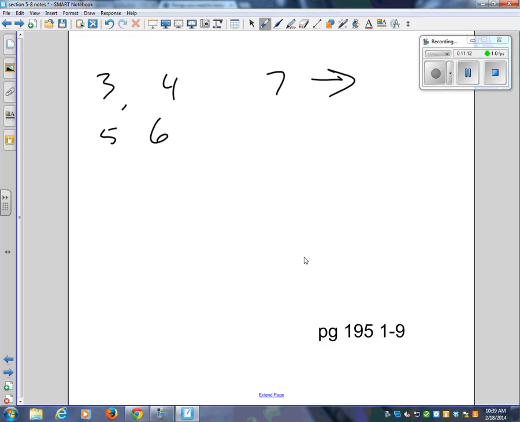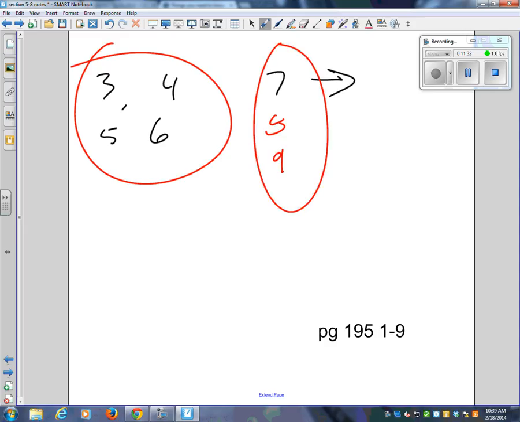If you're not sure, do it. Same thing with 8. I'm not sure about 9. I want everybody doing 3, 4, 5, and 6. If you're planning to go on, please do 7, 8, and 9.